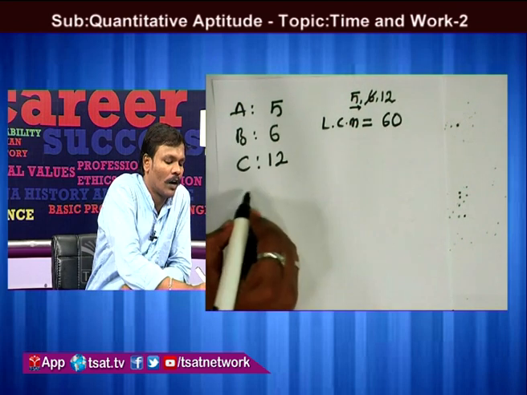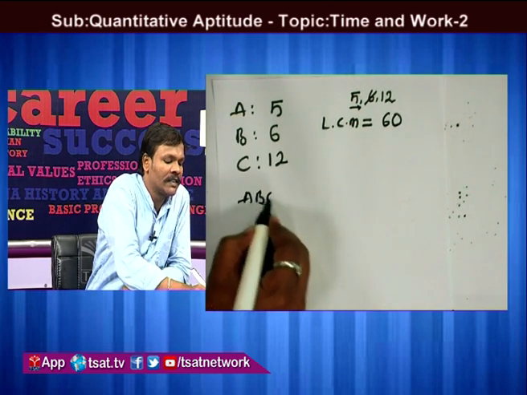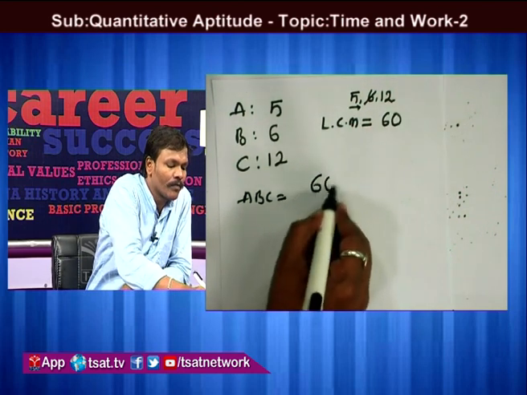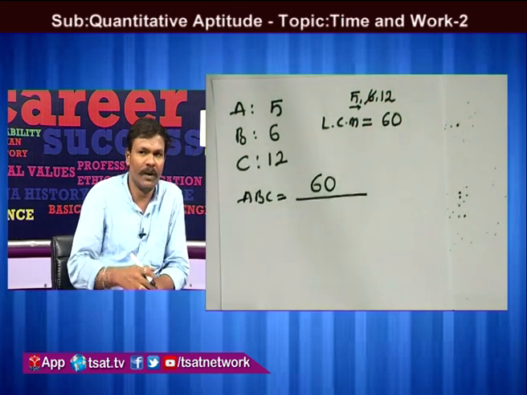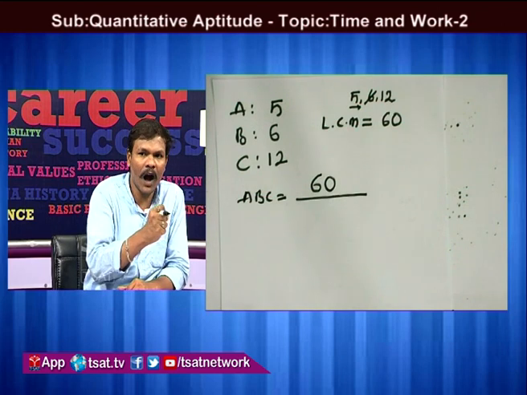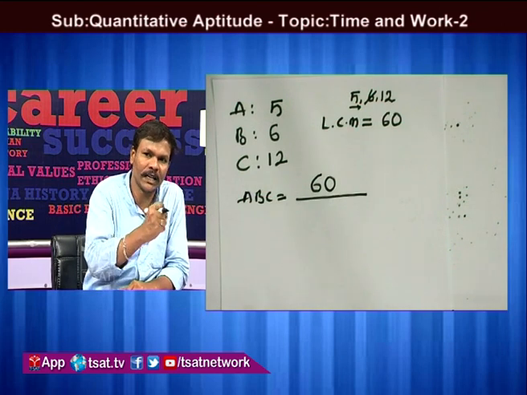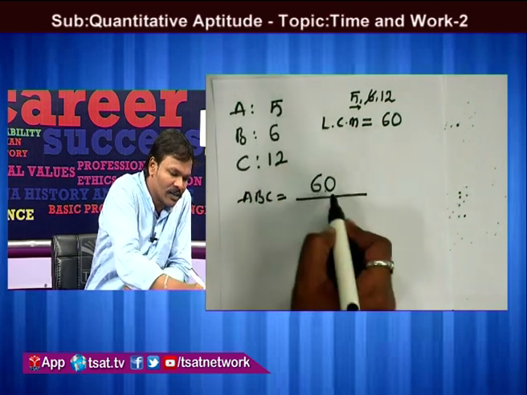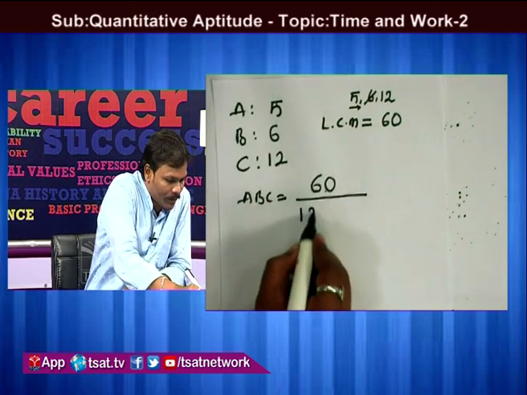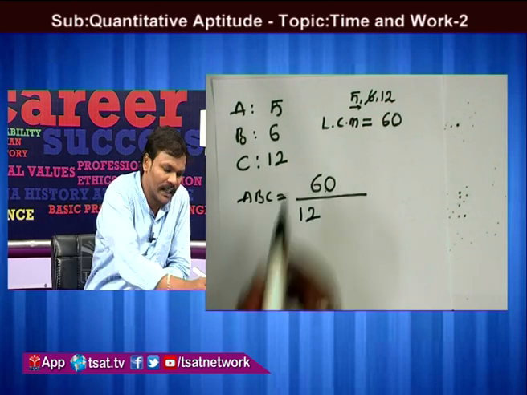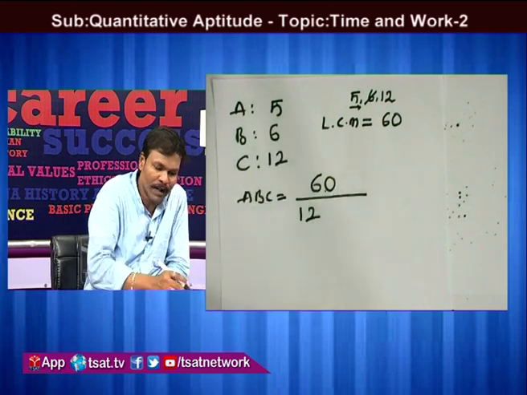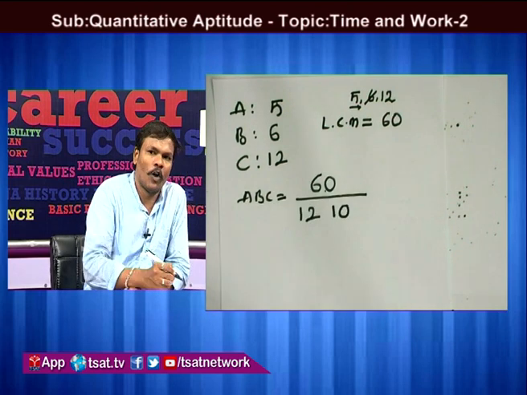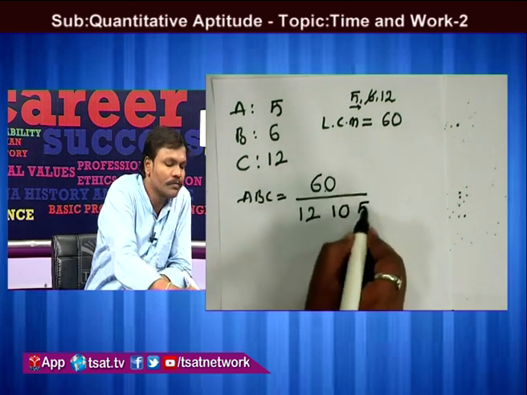Now we apply A, B, C working together. In the numerator it is the LCM, and in the denominator, for working together, we add all the values of A, B, C. So, 5 times how much is 60? 5 twelves. Is it clear? Next, 6 times how much is 60? 10 times. 12 times how much is 60? 5 times.